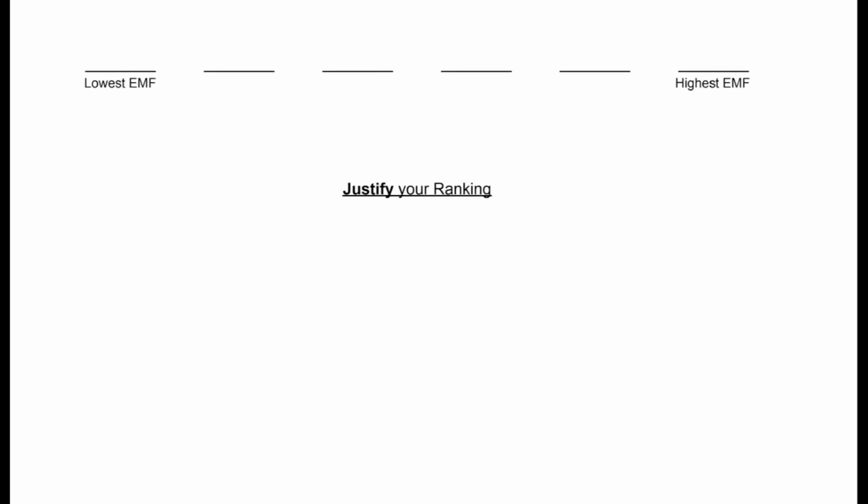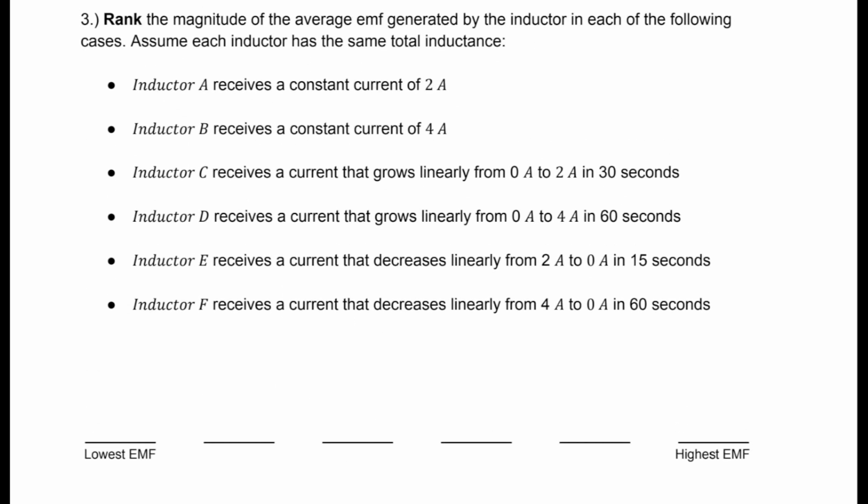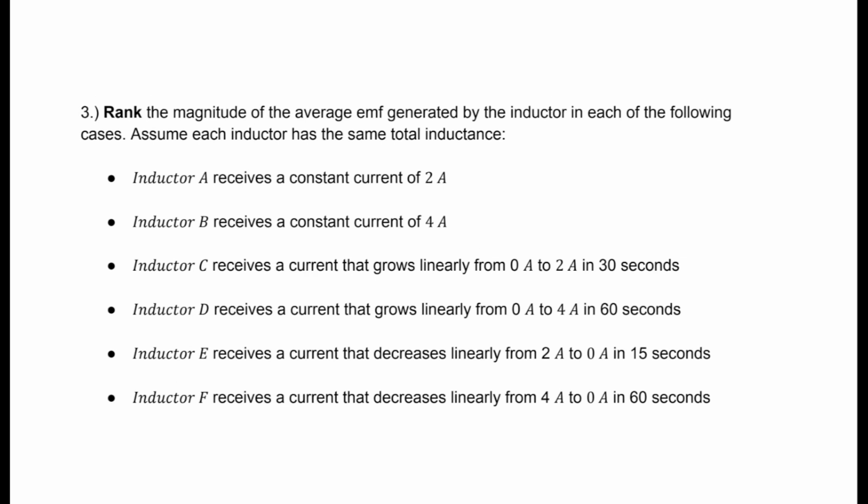So we can do this just by fundamentally realizing that the EMF in an inductor, the EMF produced by an inductor, I should say, is proportional to the rate at which the current through the inductor is changing. And we're just looking at magnitude here. So we're really just ranking each of these situations by magnitude.